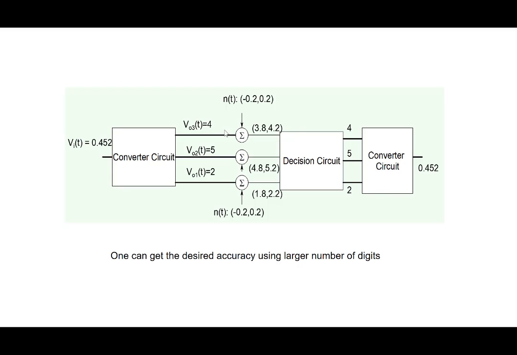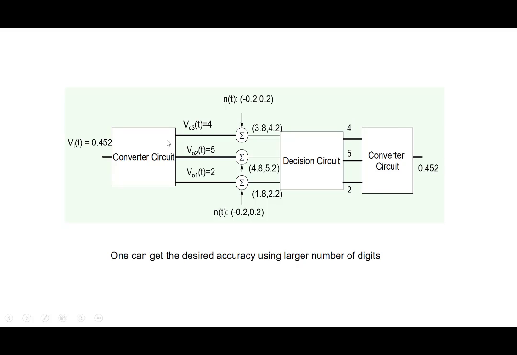So overall we obtain higher accuracy as compared to working with only analog numbers. And note that if you want, we could use a different converter circuit and work with 3 digits, 4, 5, and 2. Now you can add noise to each one of those digits, same minus 0.2 to plus 0.2. But the decision circuit will again look at which digit it lies closest to and regenerate those numbers, 452. You combine them together and you get 0.452.